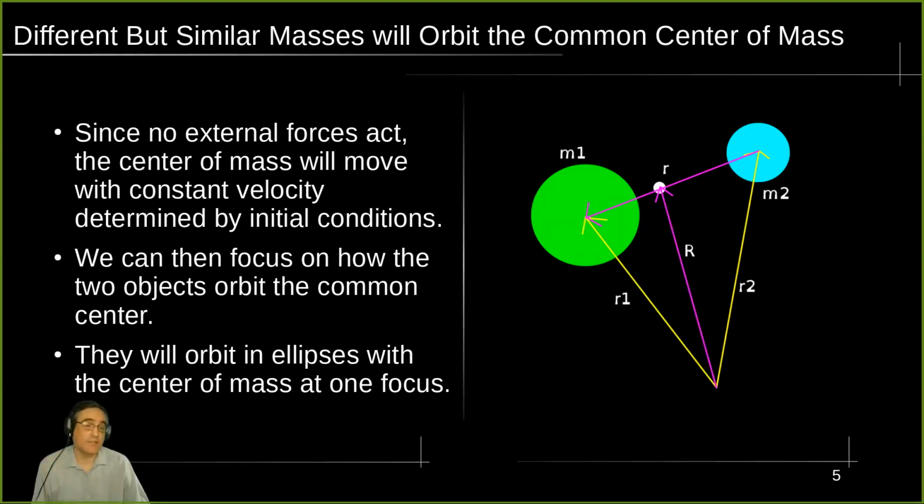But it does turn out that the equations result in elliptical orbits. This time not with the sun at one focus, but with the center of mass point at one focus. So all of these have exact solutions. You can get down to a very exact equation, and you do get the equation of an ellipse.